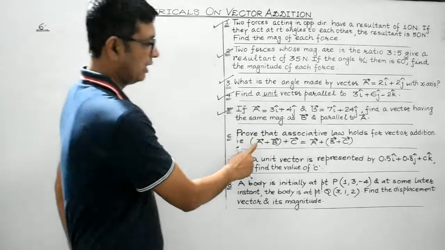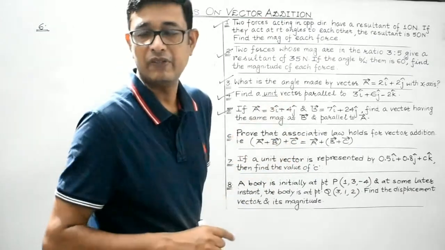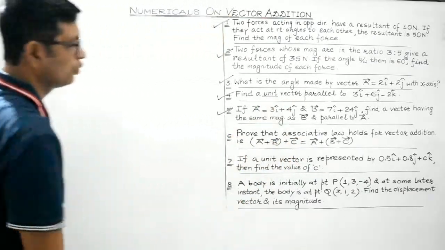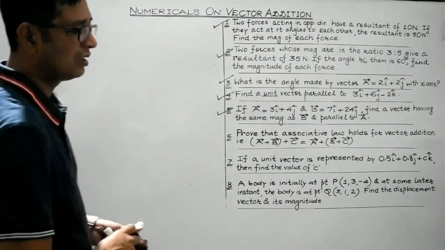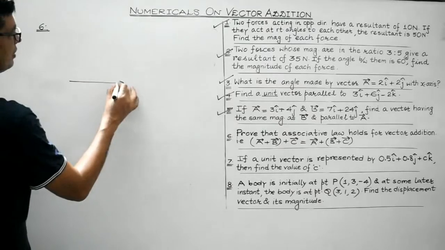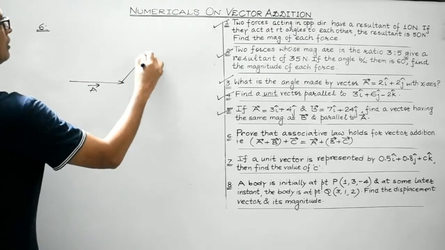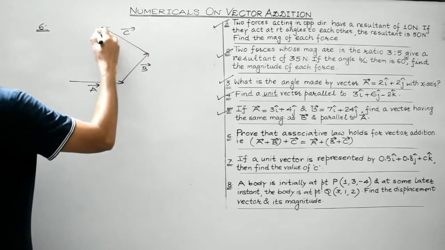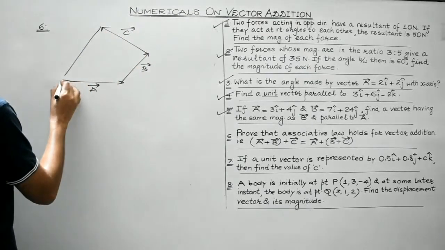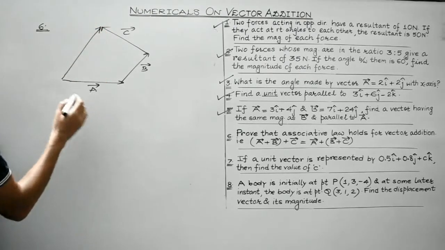Associative law means (A vector + B vector) + C vector is equal to A vector + (B vector + C vector). So what we'll do is, we'll consider a polygon, maybe 4 sides. This is A vector, this is B vector, and let us consider this to be C vector, and this to be the resultant.